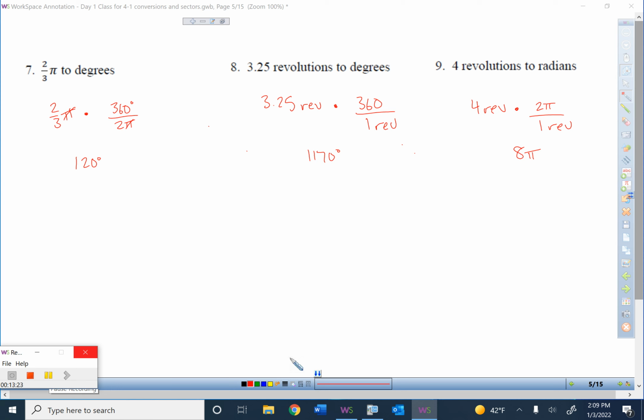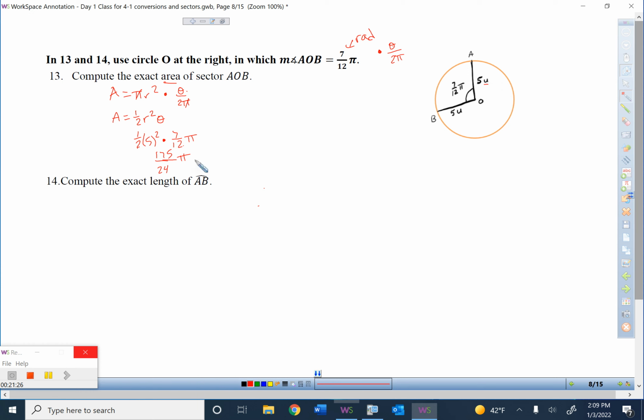Pi goes to the side. That is our area because it doesn't reduce. And again, if you're throwing it in your calculator, you're welcome to put this as a decimal. It does not matter to me. But we want to think about our area as something squared. Their label was just units, or when we're not given a unit, we throw that on so we can show that it's actually squared.